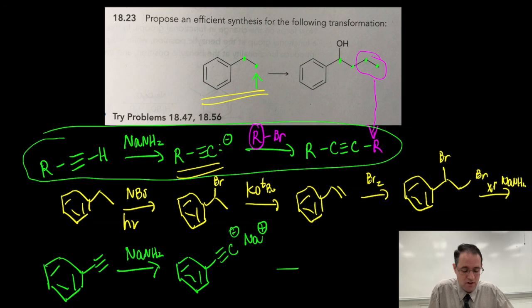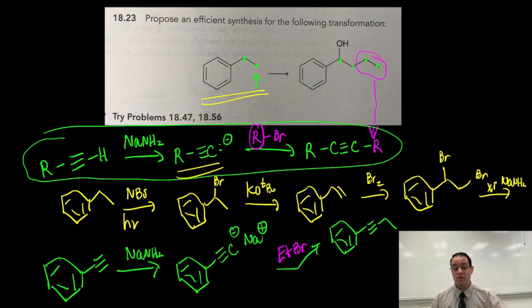We don't usually draw that, but I'll draw it here. And then instead of just adding RBr, we want to add ethyl bromide. Okay, and that gets me to that. Okay, so it's pretty tricky.